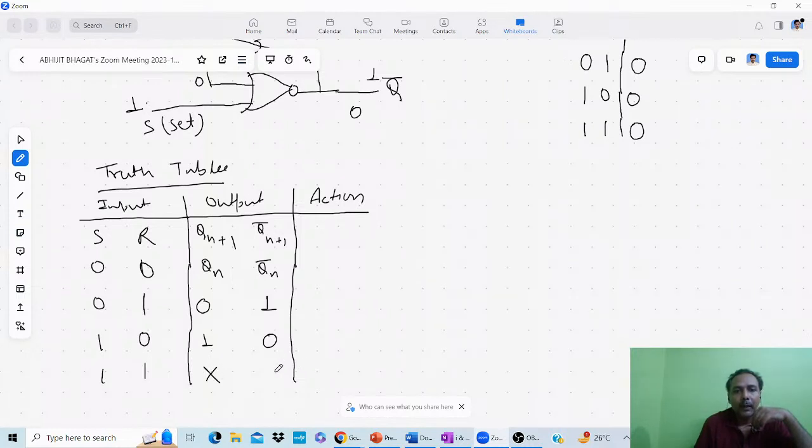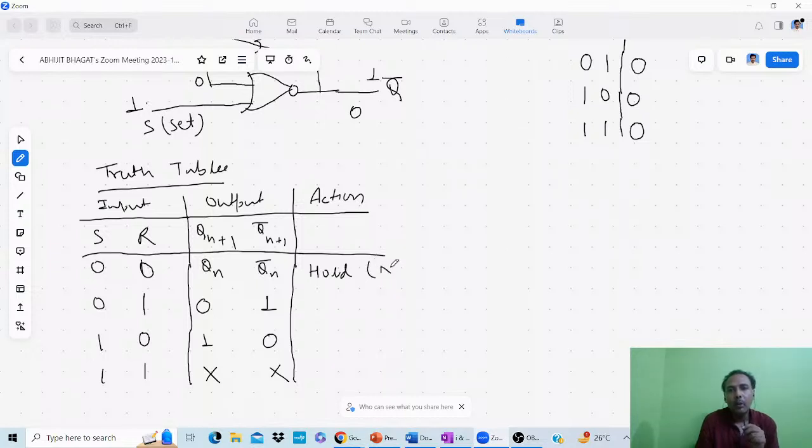When you supply the 1 1 to both S and R, you will get the forbidden condition. Here it is invalid. So what happened? Here the action: when you supply the 0 0, you will get the same output as the previous one. Means here it is hold condition, or you can say it is no change.